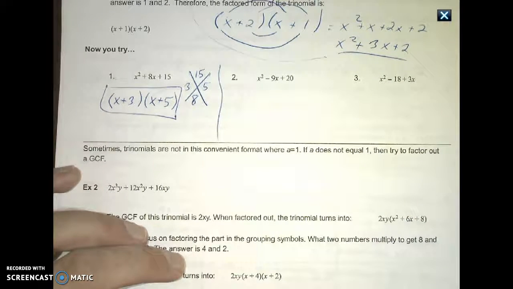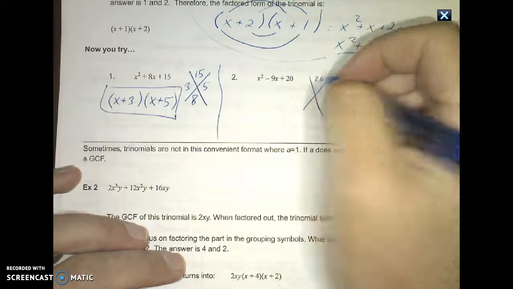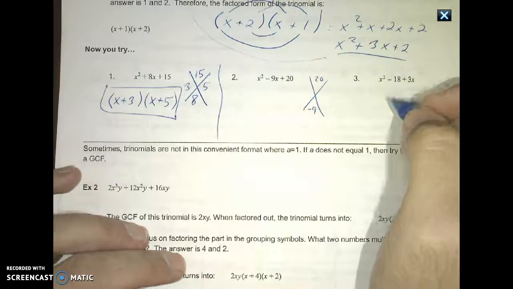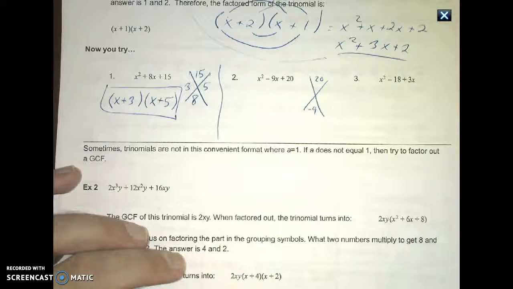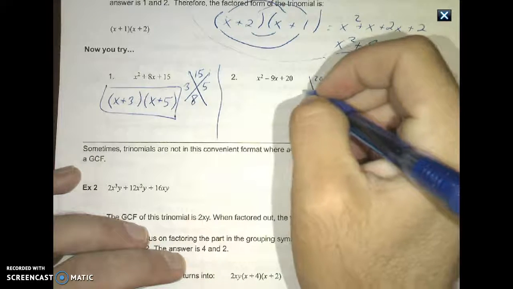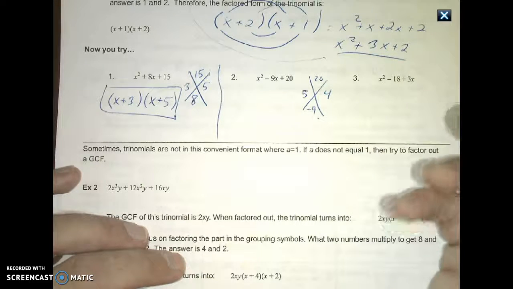Number 2, x squared minus 9x plus 20. Here I put a positive 20 on top, a negative 9 down low. So I'm looking for numbers that multiply to give me 20, but add to negative 9. 1 and 20 don't work. 2 and 10, no. But if you play around with it for a little bit, 5 and 4 add up to 9, but I want a negative 9.